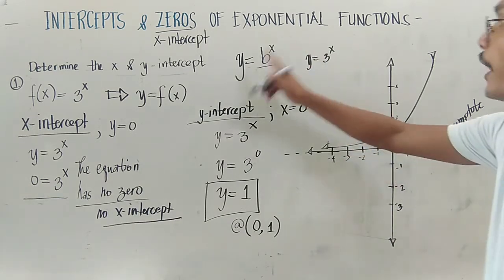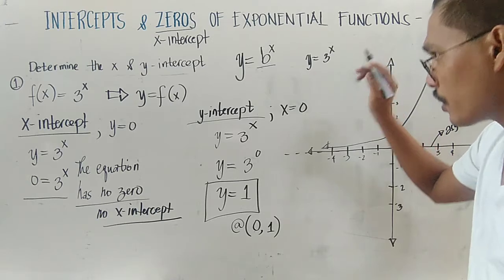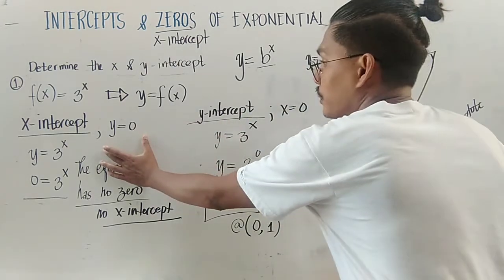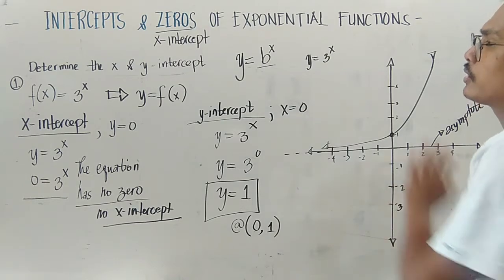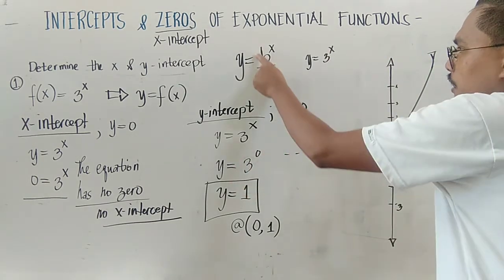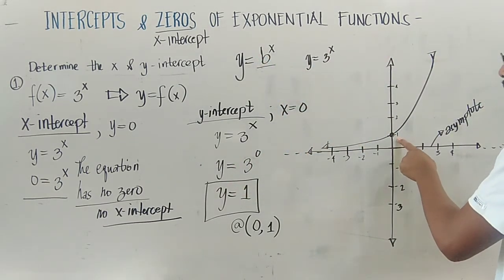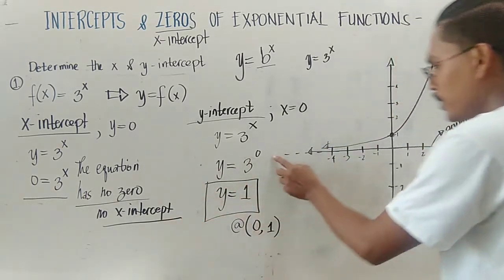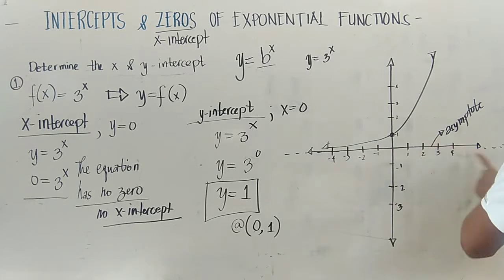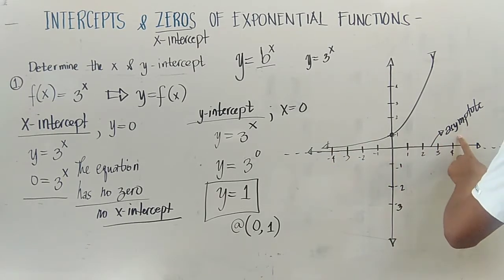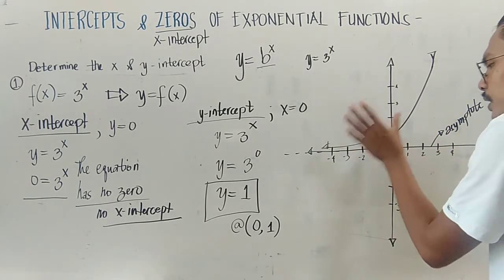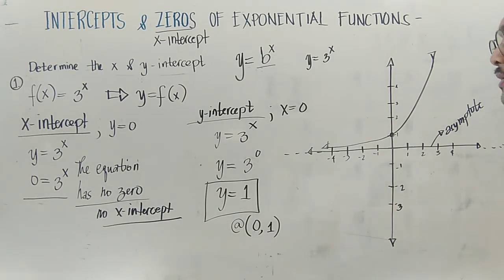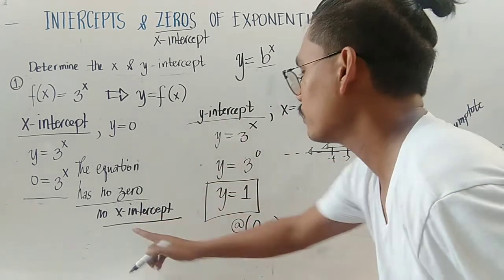Again, in the form of y equals b raised to x, such as the exponential equation y equals 3 raised to x, your initial value, a, is always 1. And there will be no x-intercept because your x-axis is your horizontal asymptote, and therefore the graph cannot intersect your x-axis.